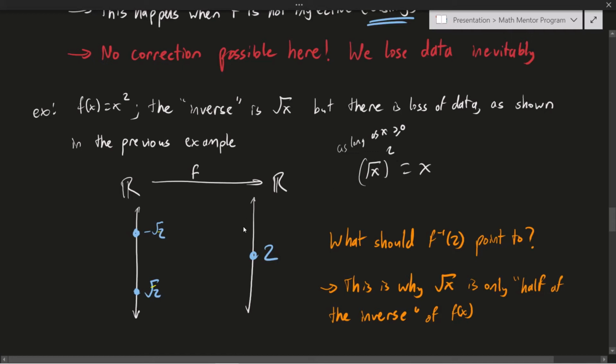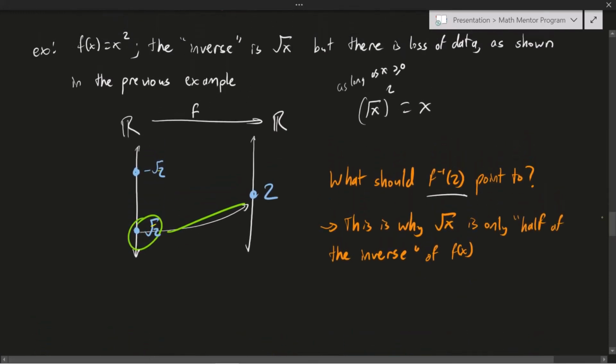But the issue again is that if we're looking at this function, what it does is that it sends -2 and 2 to the same point. So when I ask you, what's the square root of 2? Or in other words, what is the inverse image of 2? Where should that go? The answer, of course, is that we have a convention, and that convention is that we just pick this guy over here. But in general, this is not even a good thing.